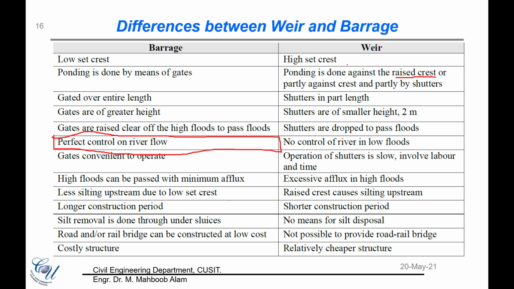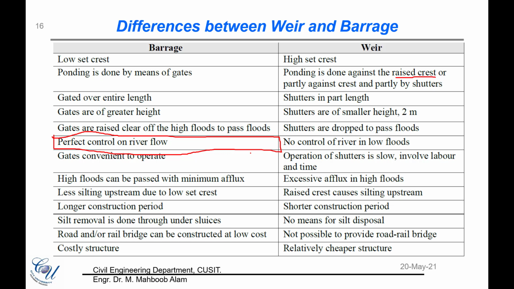So these are the differences between the barrages and weirs, and one has to consider all these differences before taking a decision whether we should go for a weir structure or for a barrage structure. Barrages are usually costly. This is one disadvantage of barrage, because we have these mechanical gates which are installed there. These gates are usually very big, and their cost is quite high, because you have to store water which has a lot of pressure energy.